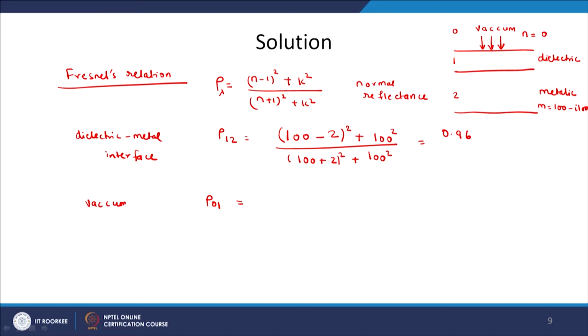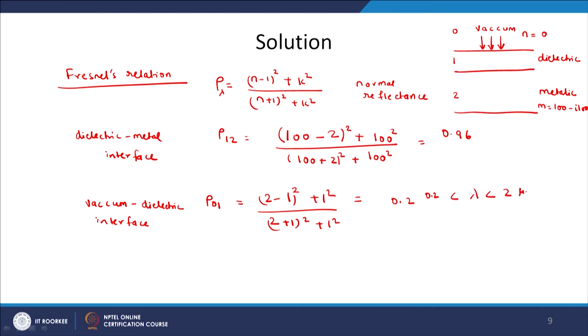For rho 0 1, n is equal to 2, so (2 minus 1) squared over (2 plus 1) squared, and this value is going to be equal to 0.2 for the wavelength region 0.2 to 2 micrometer.